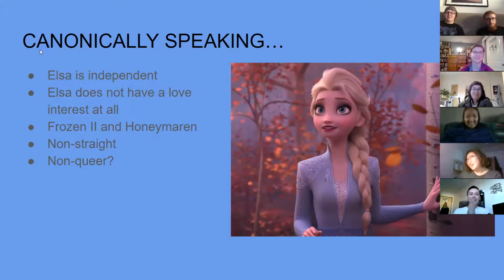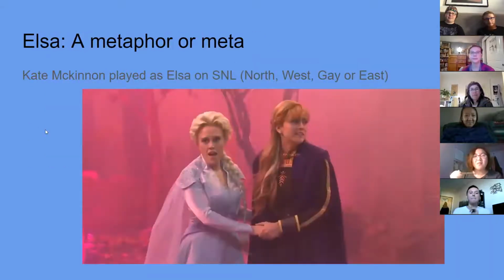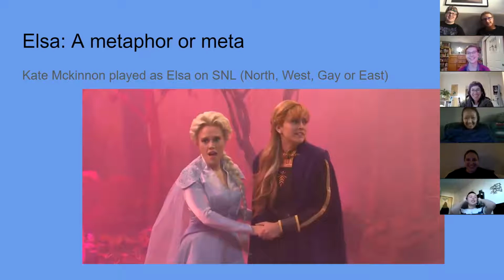And that is why there is so much talk about why Elsa is gay. Also, Kate McKinnon, I don't know if anyone saw this skit, but it was beautiful. She's like, where is everybody? I'm gay. I would highly recommend this clip.